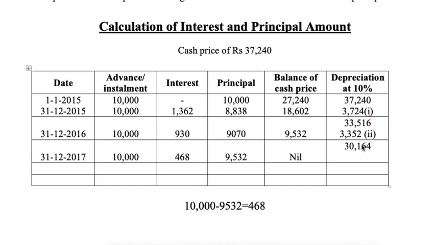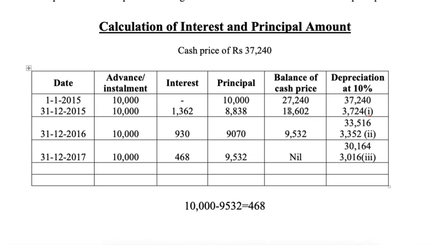So at the end of year 3, we are again going to depreciate it at 10%. So 10% of 30,164 will be 3,016 rupees, the depreciation amount at the end of the third year, right? So this is the third depreciation amount here.